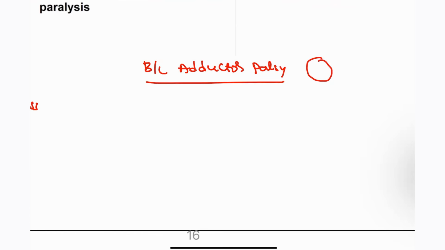Next, bilateral adductor palsy. These are the vocal cords, right? So this is how it is going to be seen. Sorry, abduction is normal in this patient. So how will the symptoms be presented?